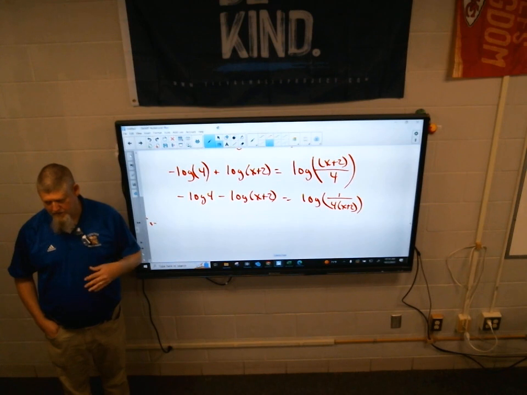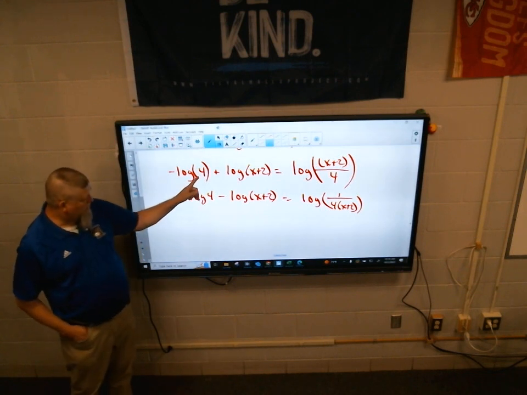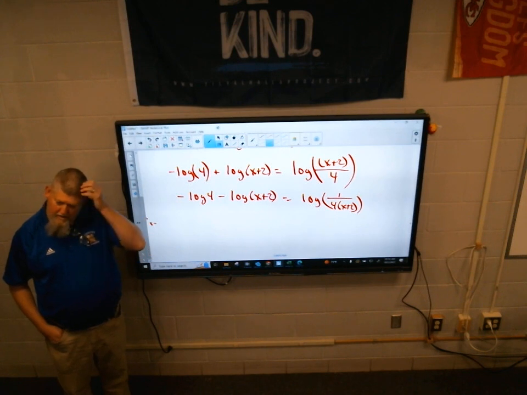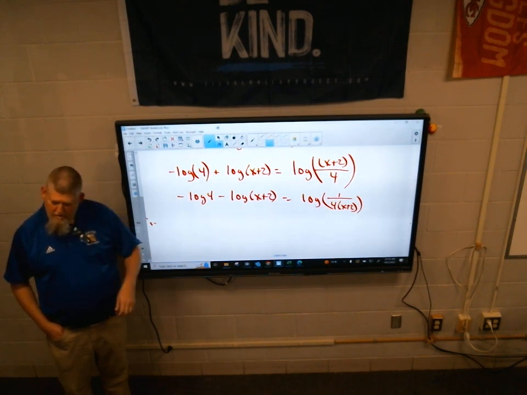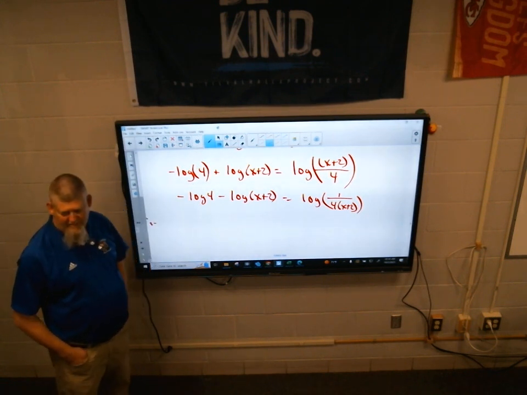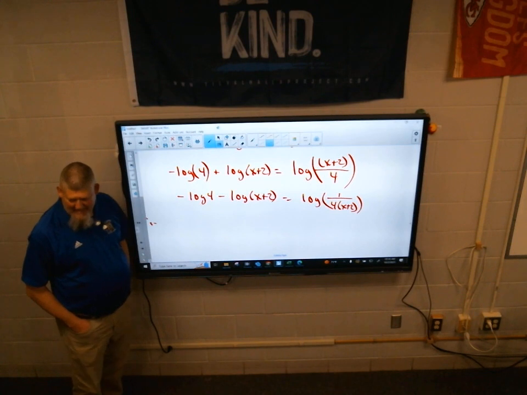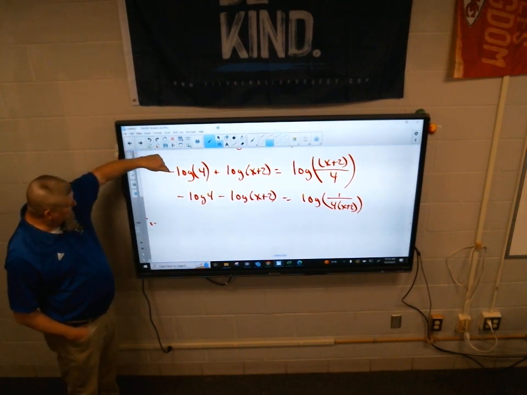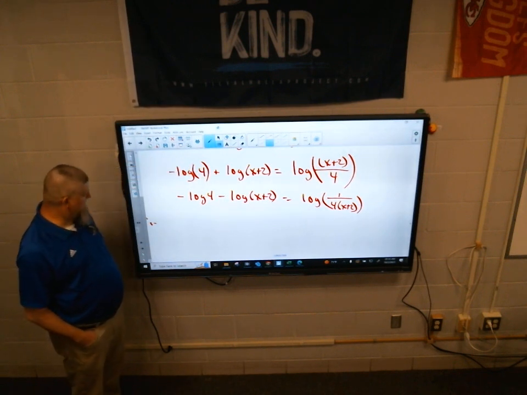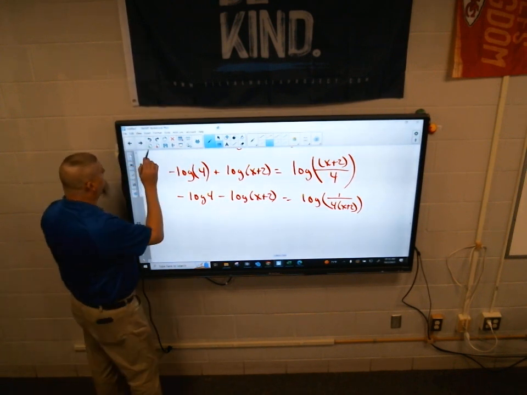It has to be greater than 0. So that value there will never be a negative number. No negative values. So understand, there's a difference between a negative log and a negative 4. That's a negative logarithm. The argument cannot be negative. All right, you try this one.